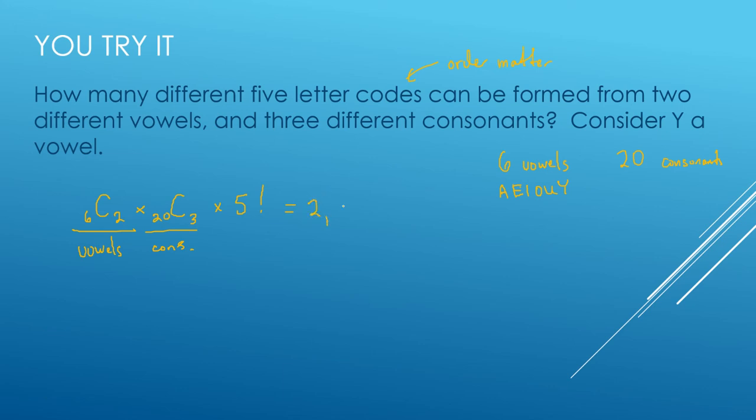The formula is good for understanding where these final values come from, but at this point in the game, we understand it's combinations. We don't need to use a formula. So just over 2 million codes are possible in this problem.